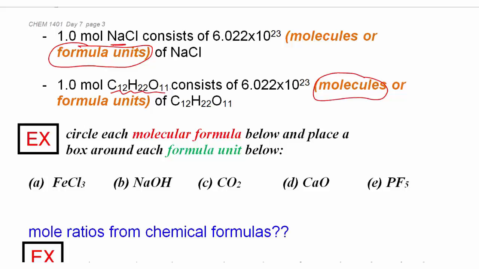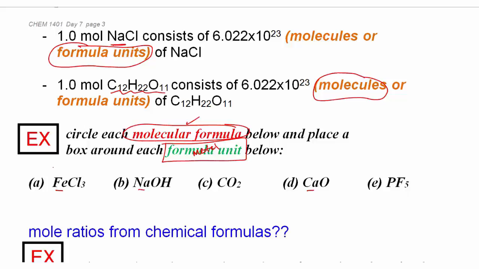Circle each molecular formula below and place a box around formula units. So circle the molecules, box around the formula units. So look for a metal. If you see a metal, draw a box around that compound. If you don't see a metal, draw a circle around it. So I see a metal, I see a metal, I see a metal.